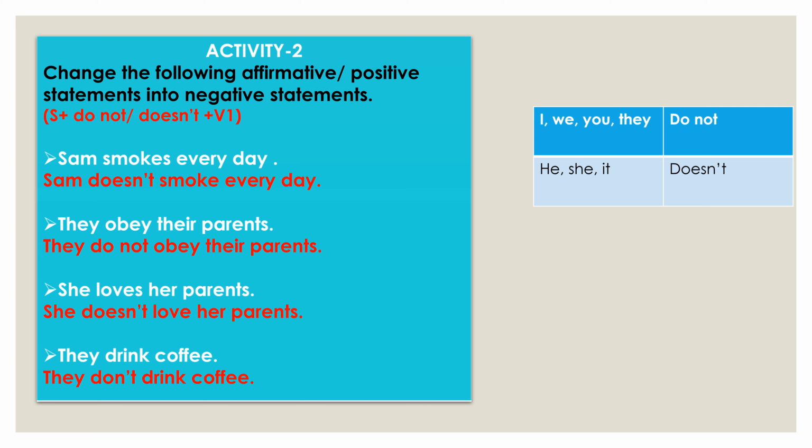Sam smokes every day. Sam doesn't smoke every day. They obey their parents. They don't obey their parents. She loves her parents. She doesn't love her parents. They drink coffee. They don't drink coffee.